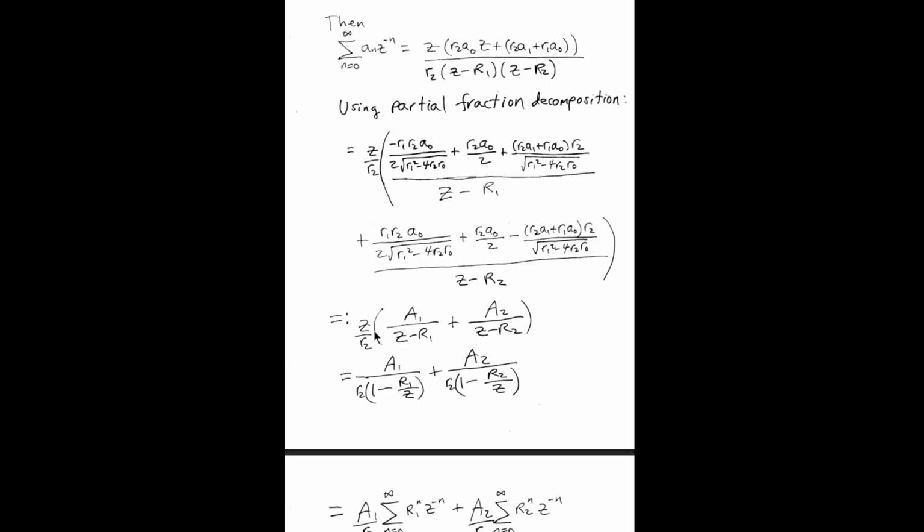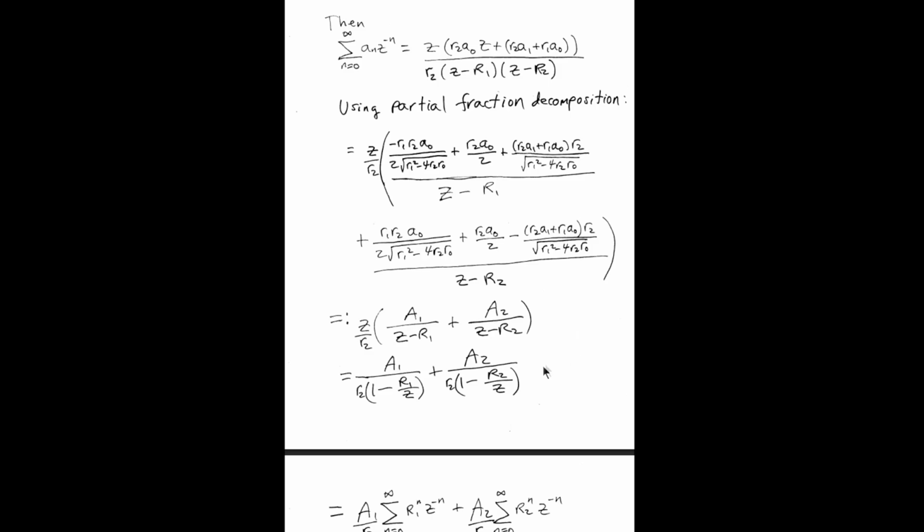Okay, now I'm going to do something sneaky. I'm going to take this z to the denominators. So this will equal capital A1 over R2 times the quantity 1 minus capital R1 over z, plus capital A2 all over R2 times the quantity 1 minus capital R2 over z.